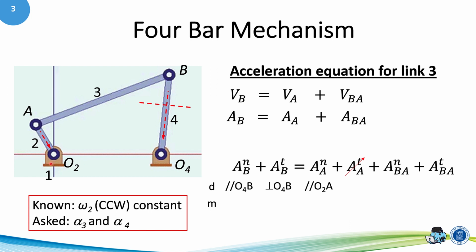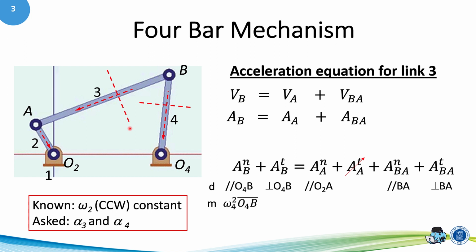And then ABA normal has the direction parallel to the line BA but goes to the point A, because point A here is the center of the rotation. And then, the direction of ABA tangential is perpendicular to line AB.